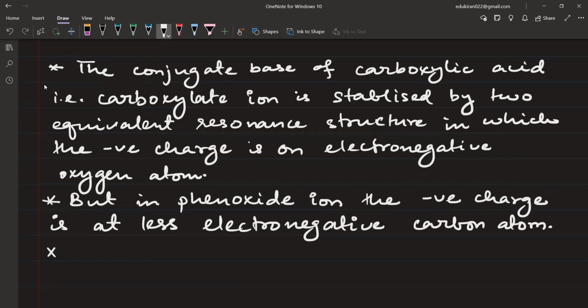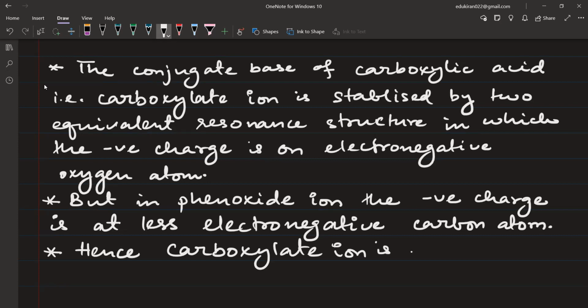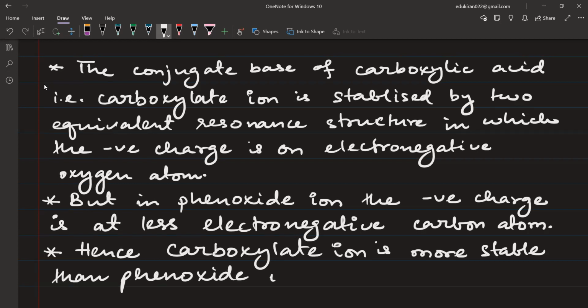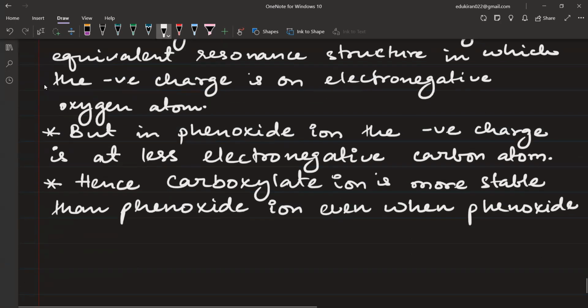And you write: hence, carboxylate ion is more stable than phenoxide ion even when phenoxide has more resonating structures.